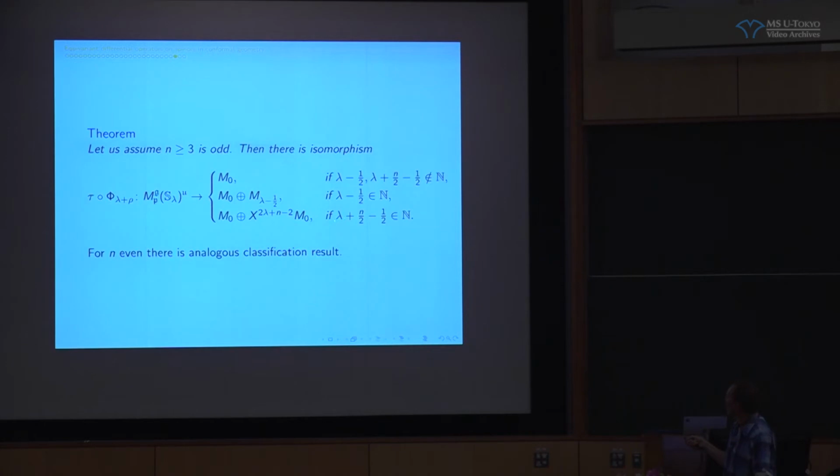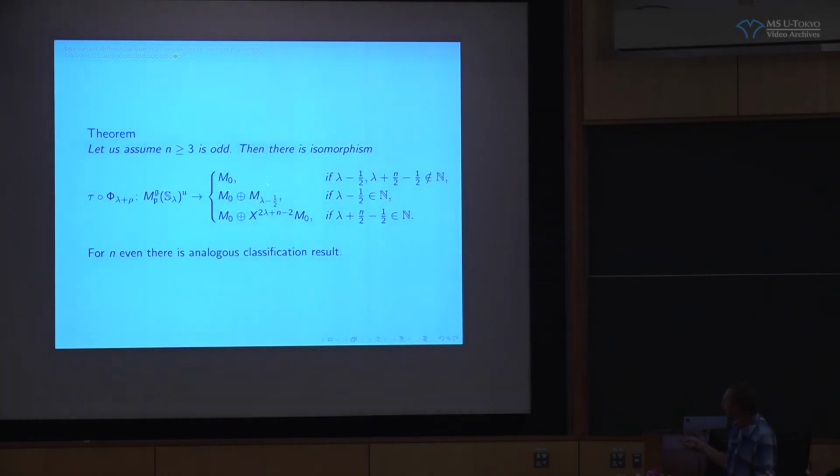And if lambda plus n/2 minus 1/2 is a natural number, then the space of solutions contains M0 and M0 shifted by a power of x. So x was that injective operator acting horizontally, sort of dual to the action of the Dirac operator when acting on spinor-valued polynomials.